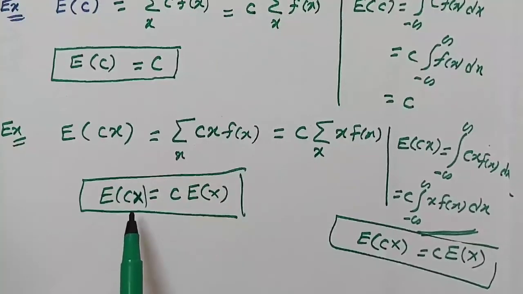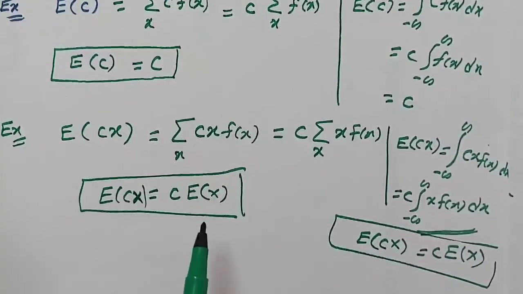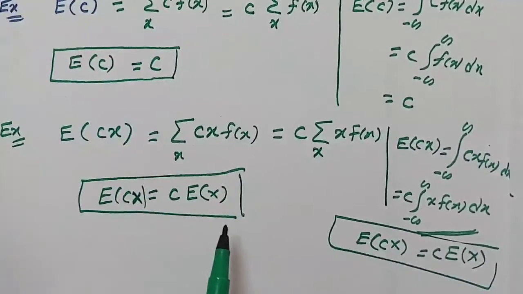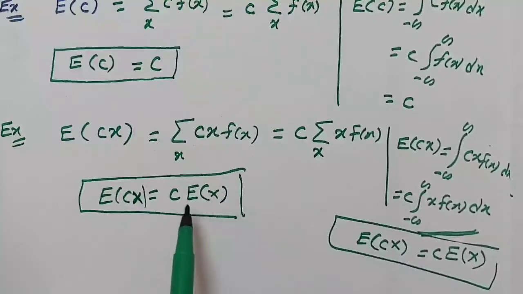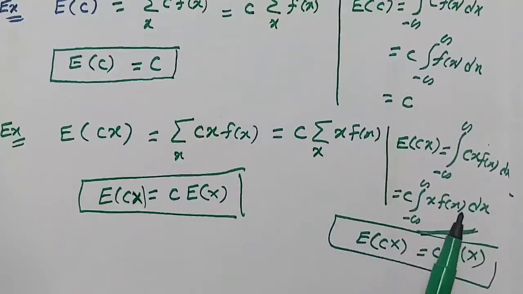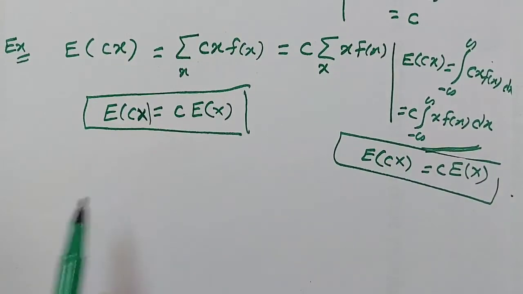That means in expectation we can take a constant outside, and also if there is a term in the form of addition, then we can separate the expectation, because expectation is ultimately a summation or integration, so we can take the summation or integral term-wise separately. So by using this we can say expectation is a linear operator.